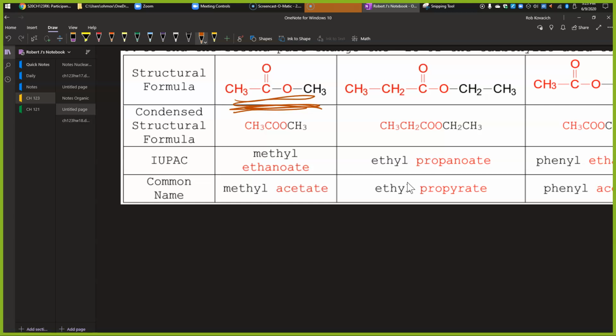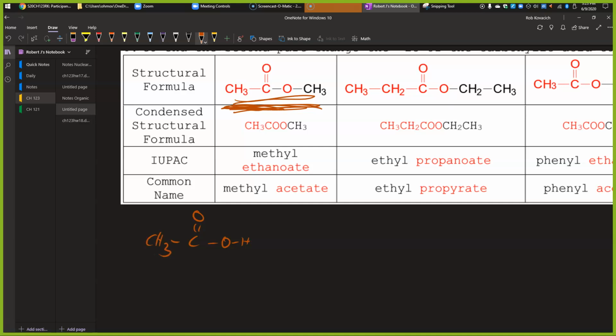I'm gonna fall asleep. Hey, you have to have an OH and a double bond O. Gotta have that, right? So this red portion of the molecule up here, that's the carboxylic acid that I started with.